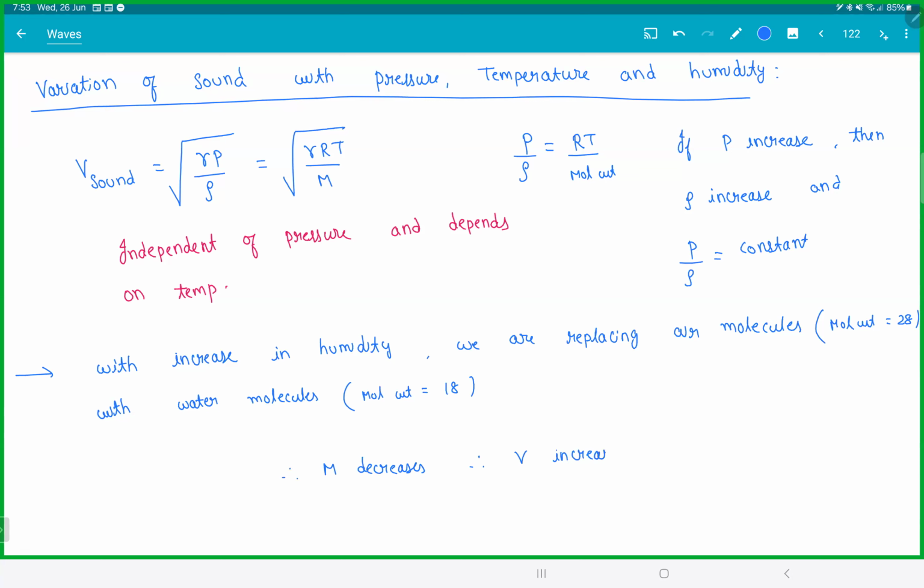So if you increase the humidity, sound travels faster. So during night, winter, when there's a lot of fog and all, and when you shout, the sound travels very fast. Clear with this? So that's an important statement. It is independent of pressure.